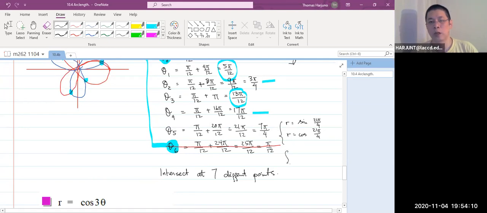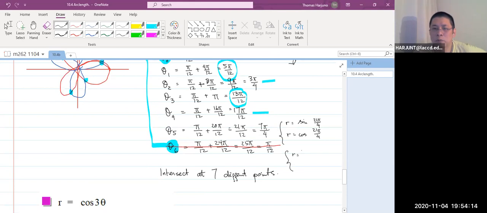It's more than 2 pi, so let me subtract by 8 pi. That's 5 pi over 4. R equals cosine 5 pi over 4.